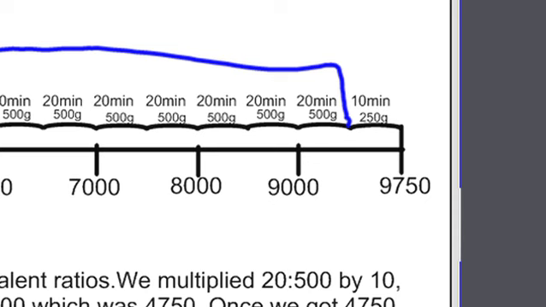So they got it from the 20 when they divide by 2, and so they divide 20 by 2, which equals 10, and they divide 500 by 2 to equal 250. Can you repeat that? Okay, so they want to get to 9,750. So they wouldn't add another 5,000 grams because it would be too much.